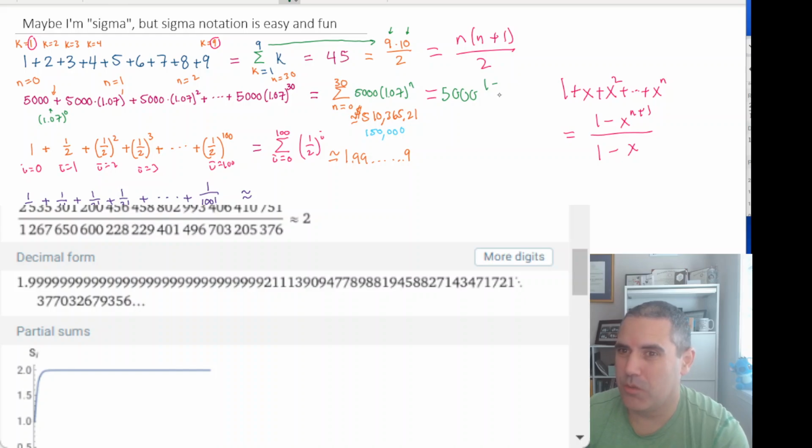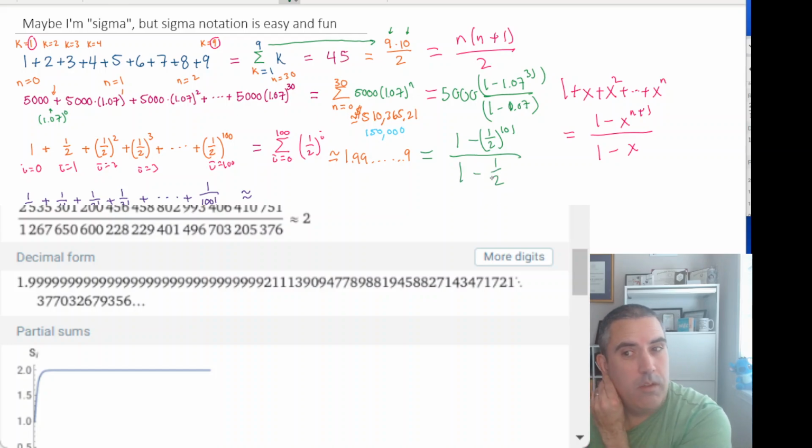Not everything has a shorthand formula, in which case you're going to need sigma notation. The point of me saying that is for this one it is 1 minus 1/2 to the 101 over 1 minus 1/2.